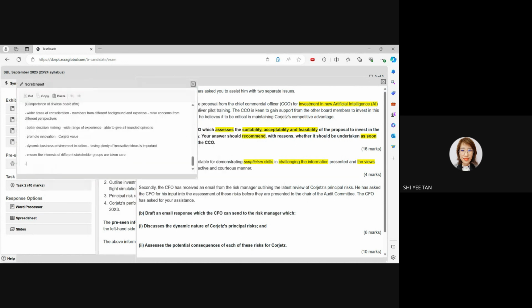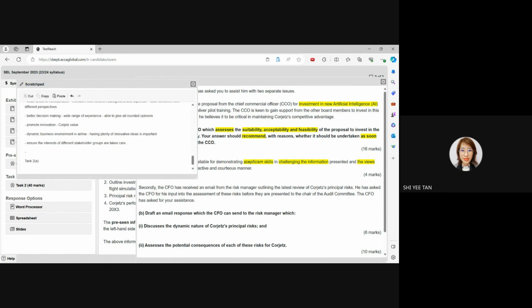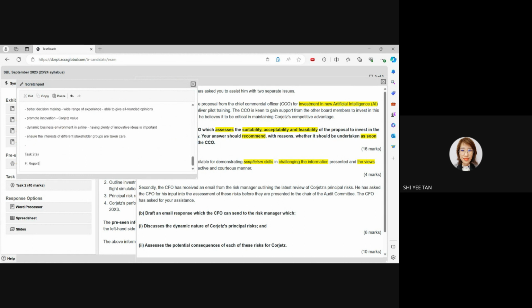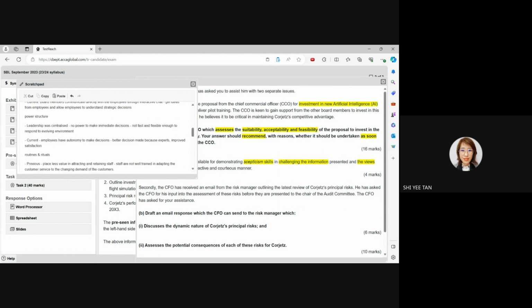Task 2A. You have your format. Format is report. Report means you need to have an introduction and conclusion. Then you have format and marks.